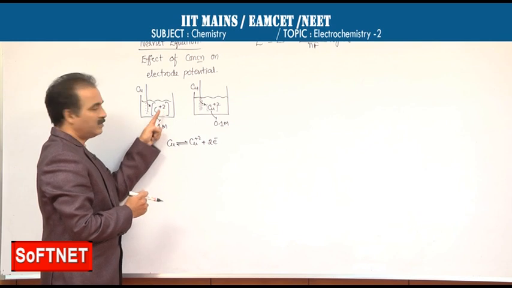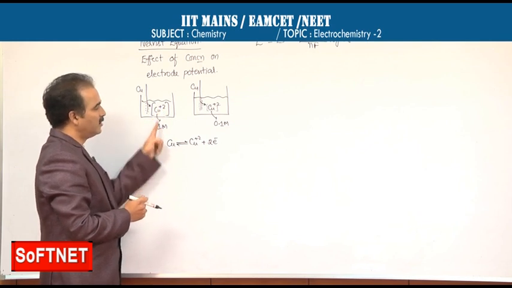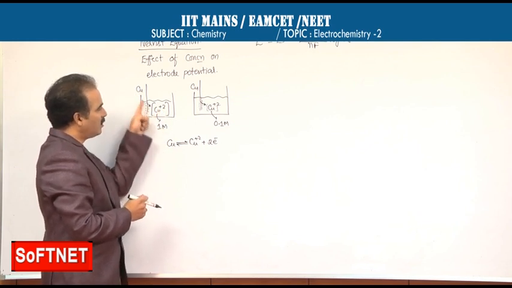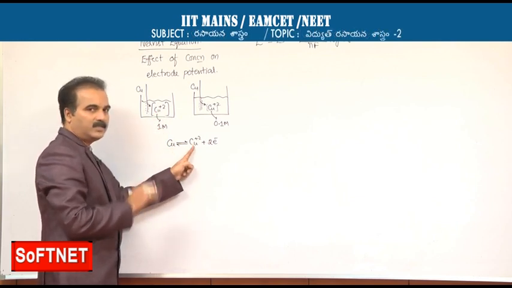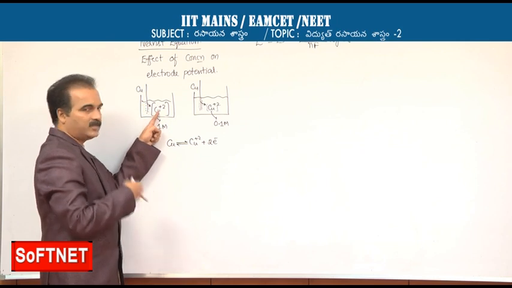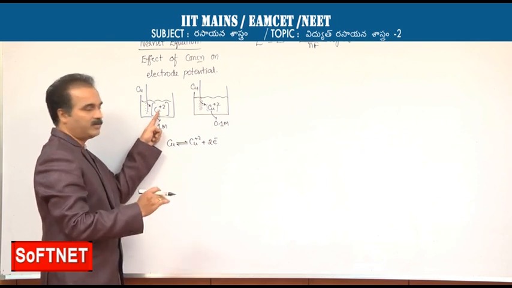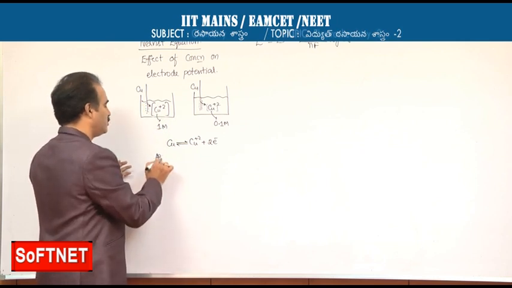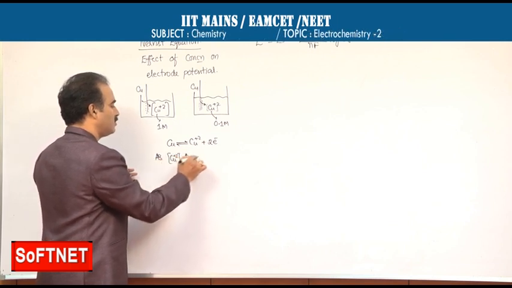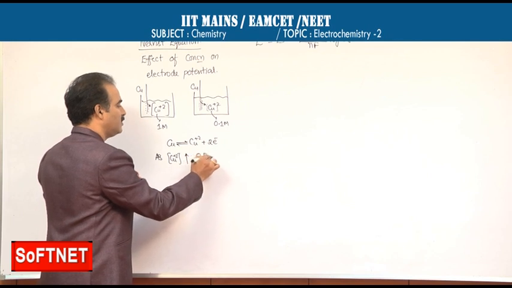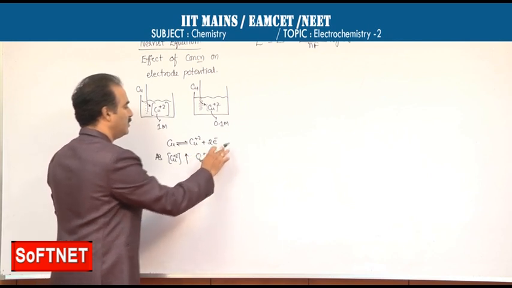Definitely not, because of higher concentration of Cu plus 2, the ability of copper to go into copper plus 2 is less, means oxidation is prevented, means the potential to undergo oxidation is reduced. So as copper plus 2 concentration increases, oxidation potential of the electrode decreases.